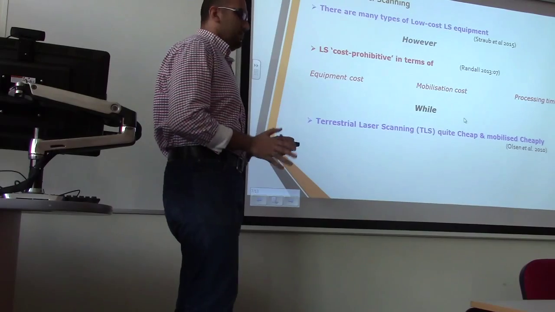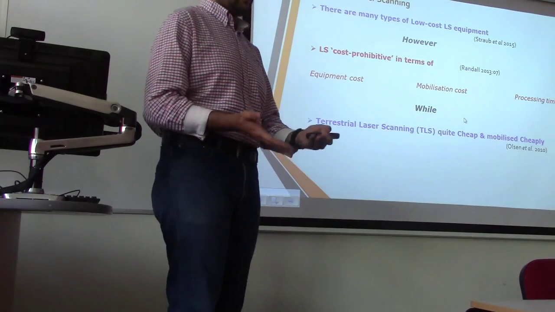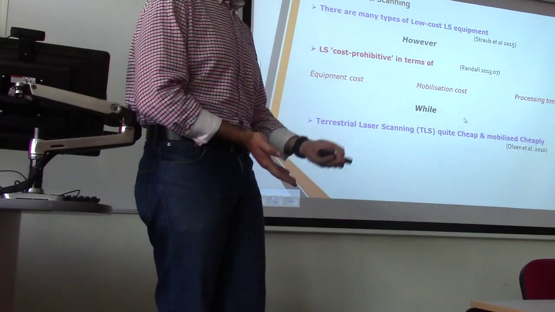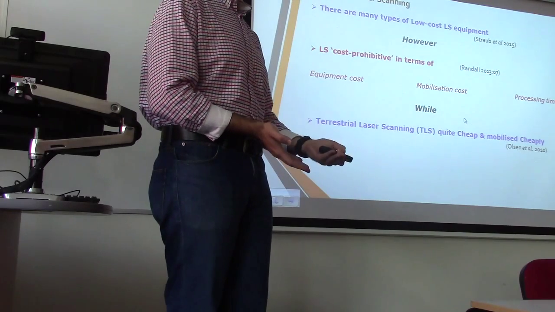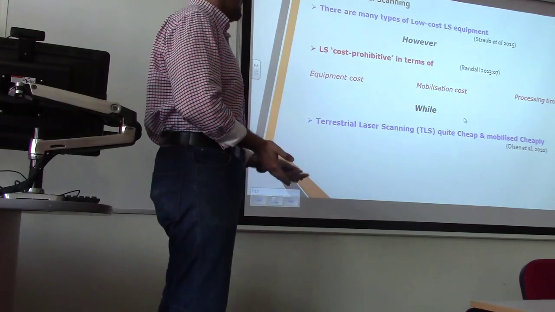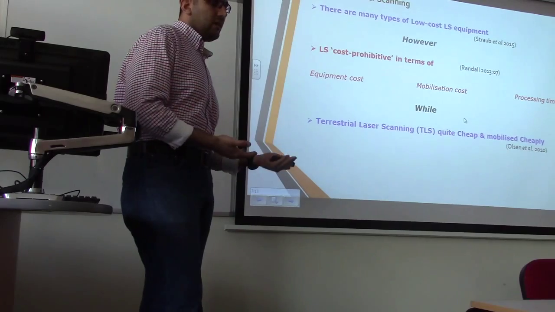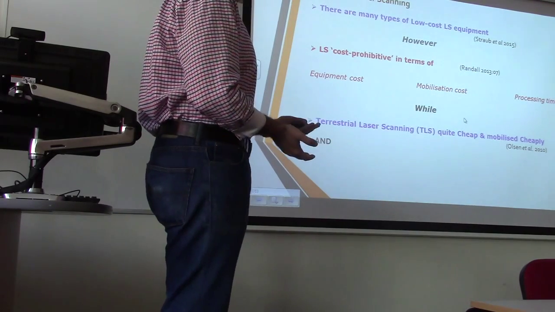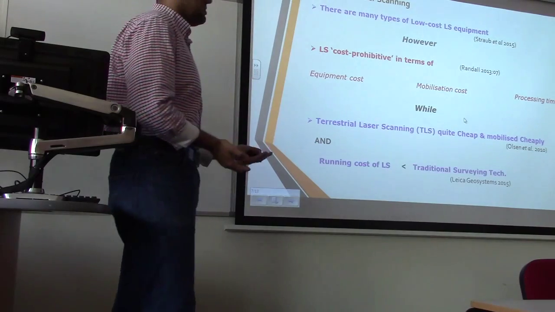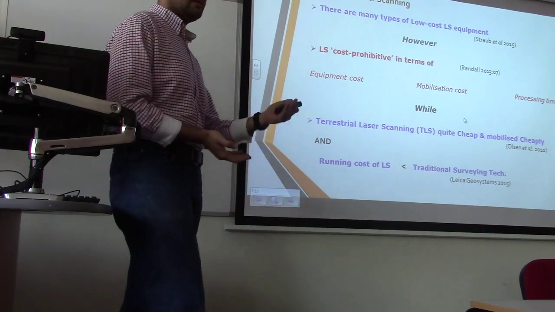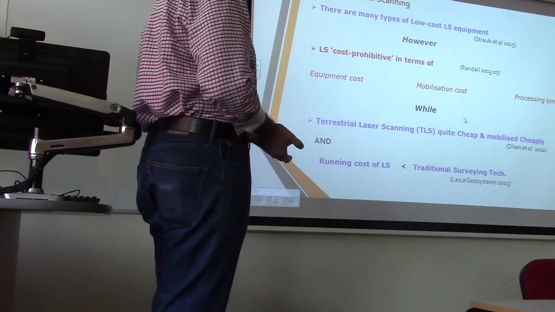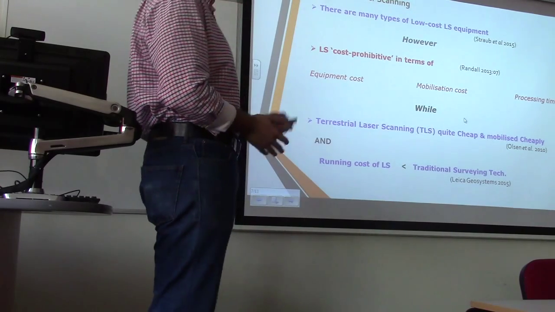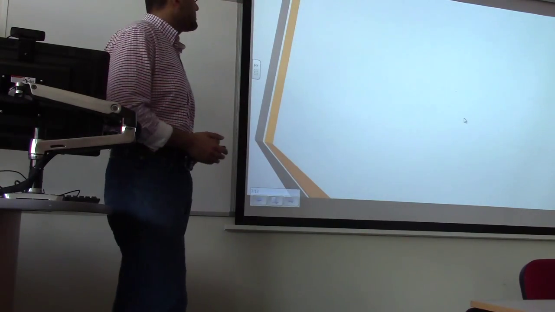While nowadays they have discovered a new type of laser scanning technology called terrestrial laser scanning. This type of technique is quite cheap, and the important thing is that the running cost for laser scanning technology is lower than the hidden cost of traditional engineering techniques.